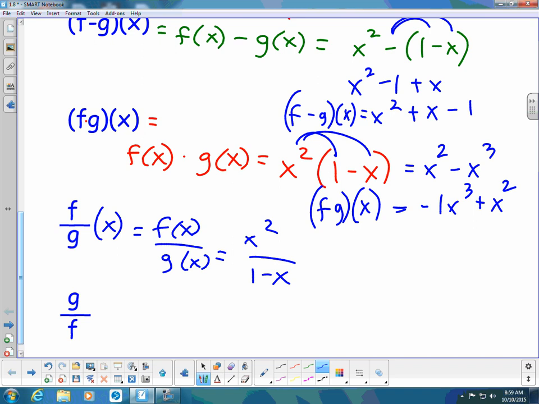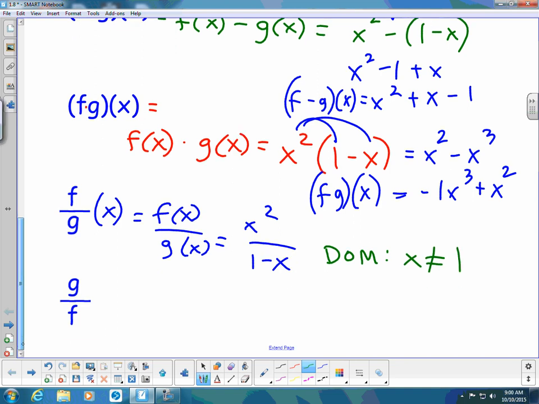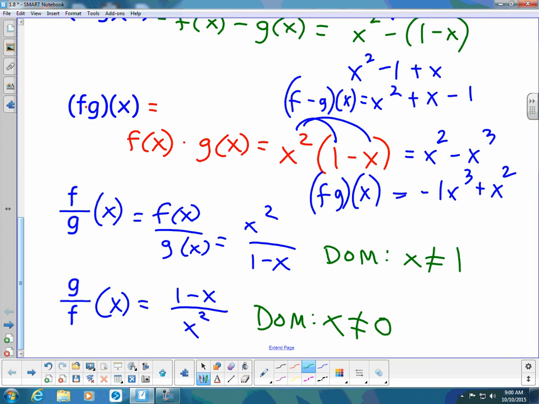The domain for all of these functions so far has been all real numbers, but the domain for this one is going to be that x cannot equal 1. All right, what about if we did g of f of x? That would be 1 minus x over x squared, and here the domain would be that x cannot equal 0, because then we would be dividing by 0.